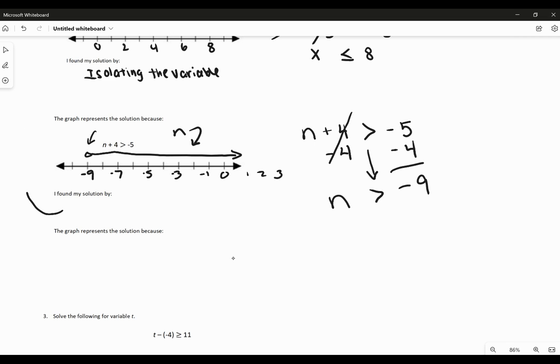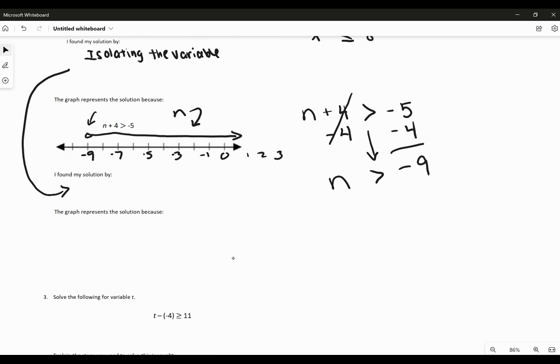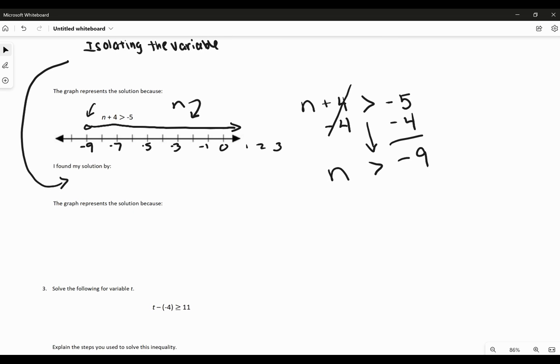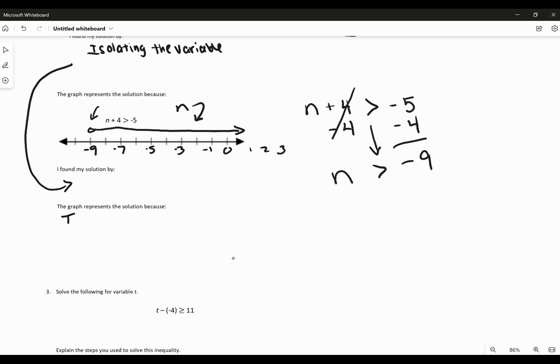I found my solution by same thing. The graph represents the solution because there is a line above all possible solutions.